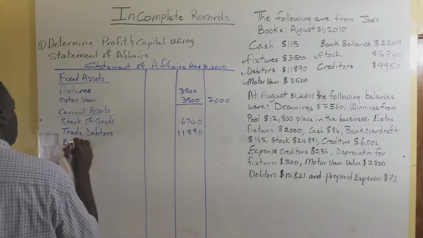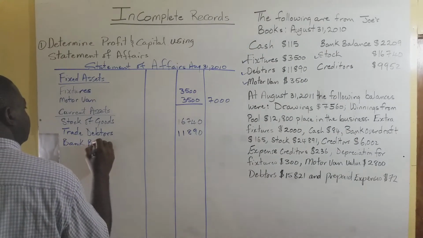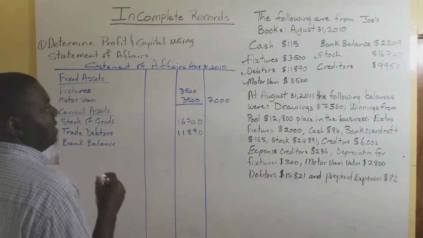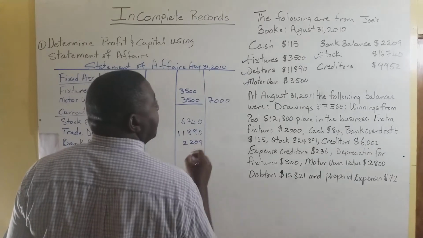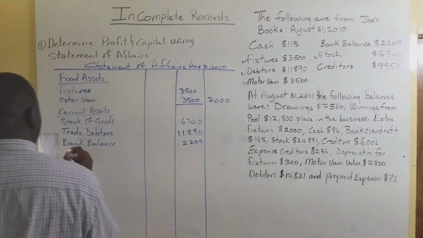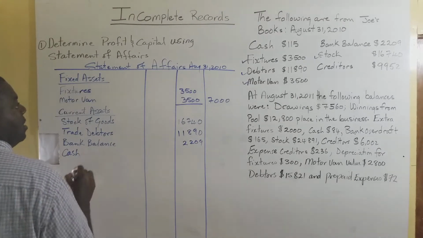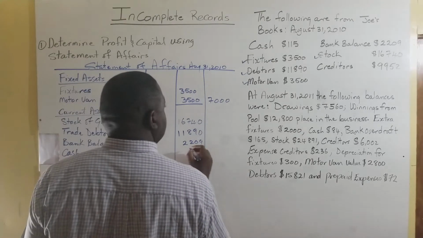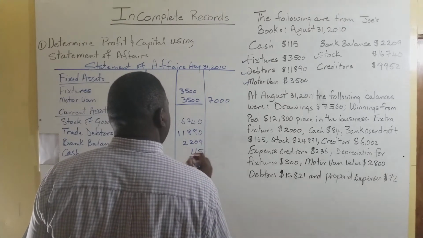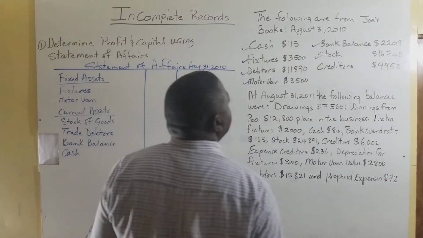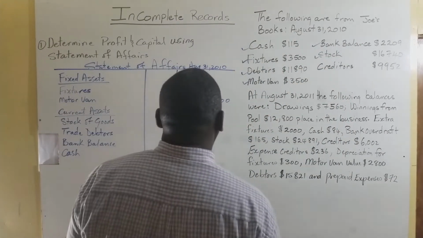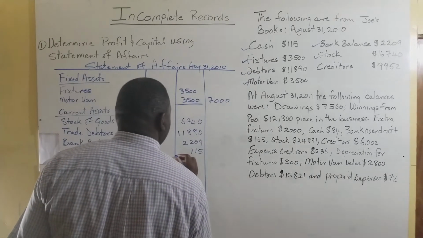Bank balance. Let's get that in now. And the bank balance is 2,209. Our next figure is cash. And our cash figure is 115. So we have used that and we have used that. All right. So we are to total this figure.